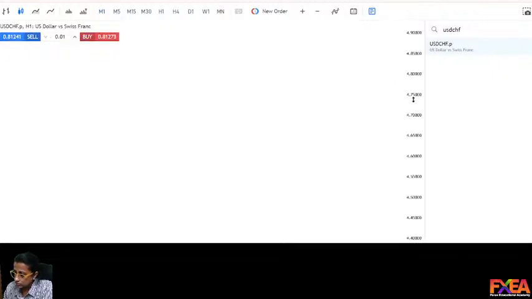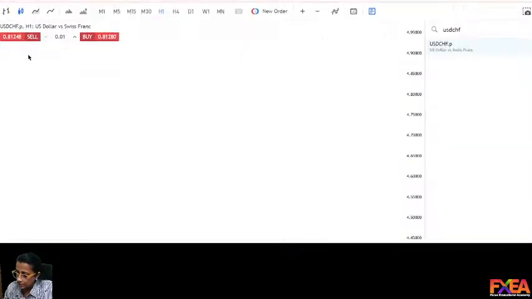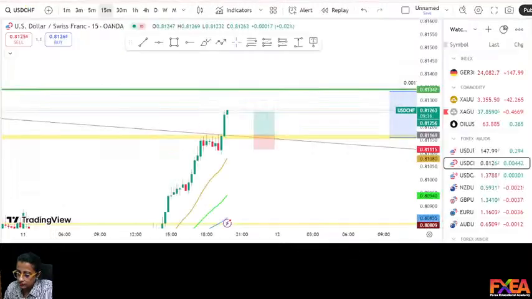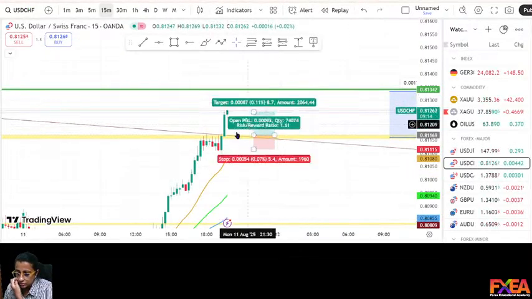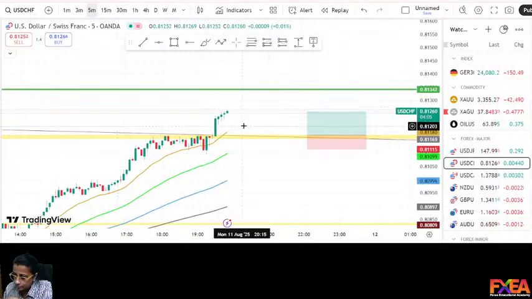For some reason my price level is not displaying in MT. I will check the reason, but in the meantime I can take the trade. So I'm taking a buy trade there, without setting any stop loss, but you have to set the stop loss. I've taken a 1 micro lot trade, and let's go to the lower time frame.